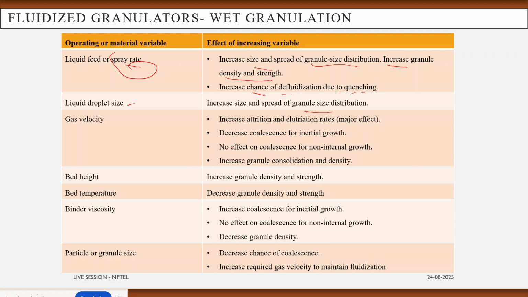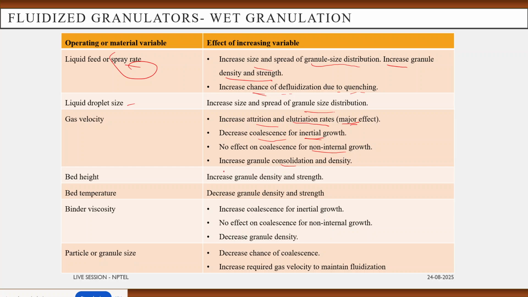If the gas velocity is increasing, then it will increase the attrition and elutriation rates, which are the major effects in the fluidization condition, and it may decrease the coalescence and that will affect the initial growth, with no effect on the coalescence for the non-inertial growth, and there will be an increase in the granule consolidation and density.